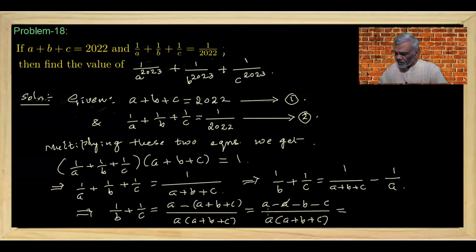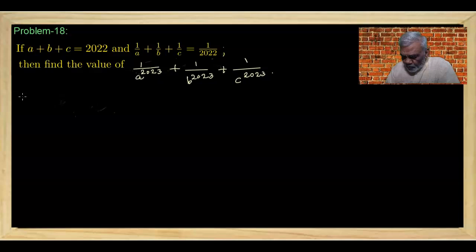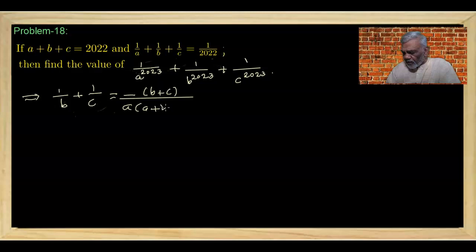This a and this a getting cancelled, so 1 by b plus 1 by c equal to minus b plus c divided by a into a plus b plus c.